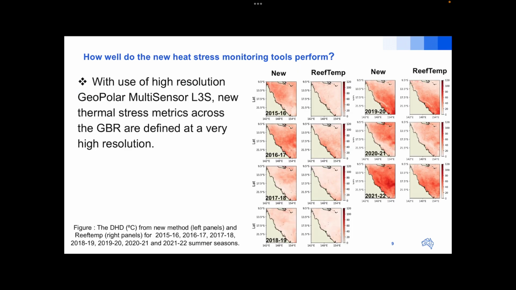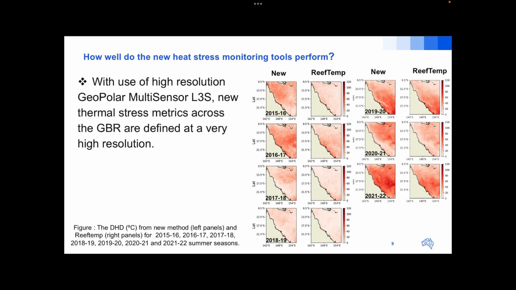The DHD from the new method is shown in the left panels, and from RIP-Temp in the right panels, for the 2015-16 to 2021-22 summer seasons. Summer seasons start from December of the earlier year and end in March of the following year.